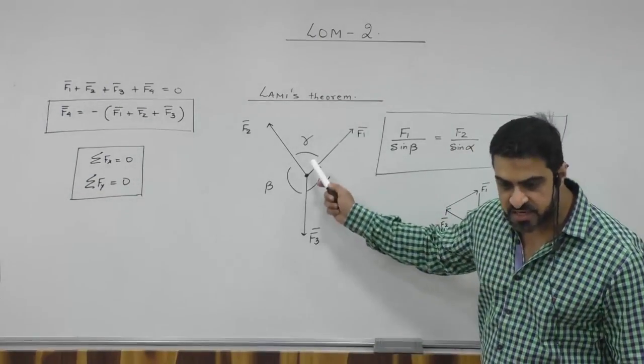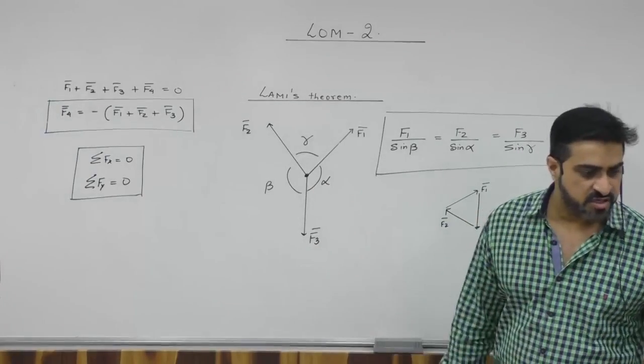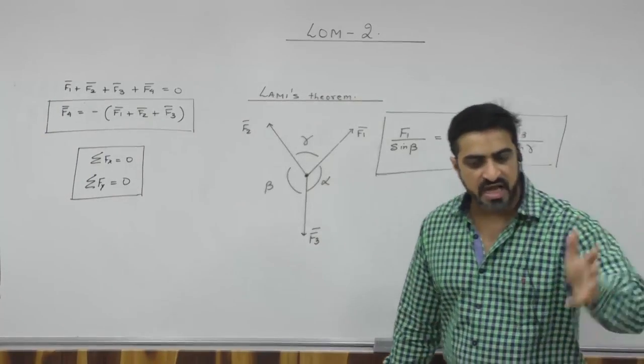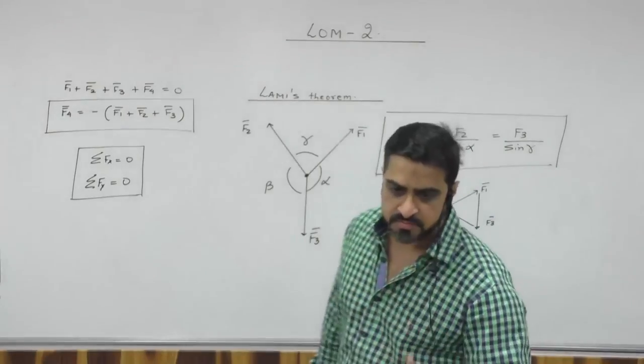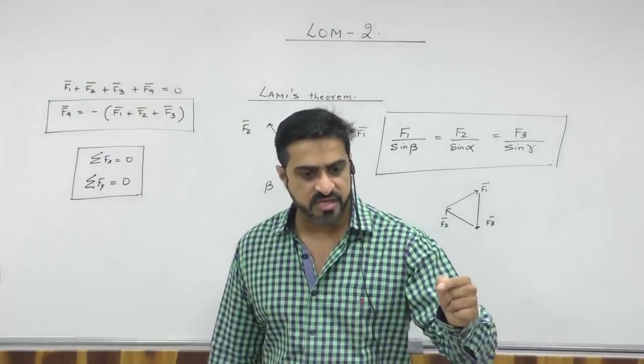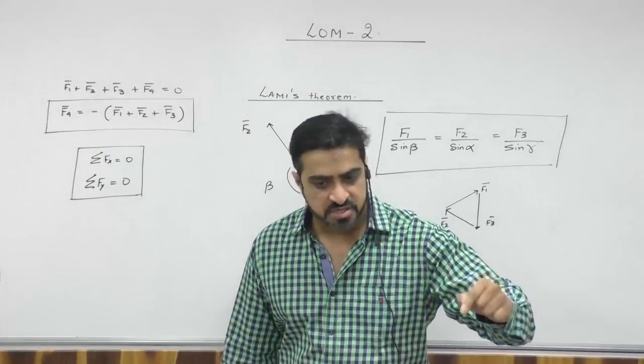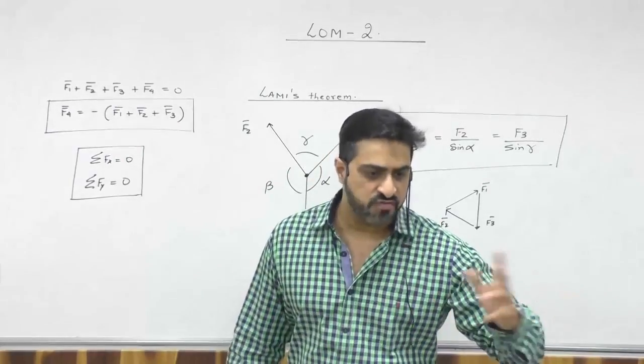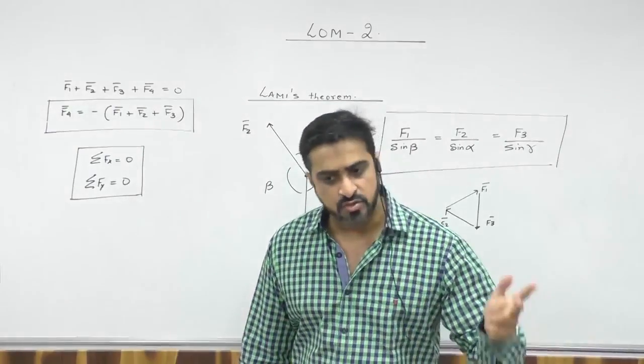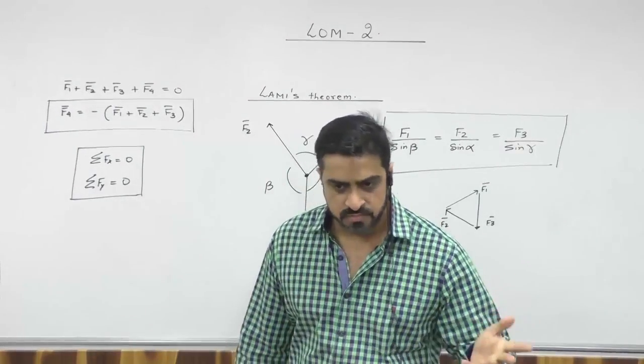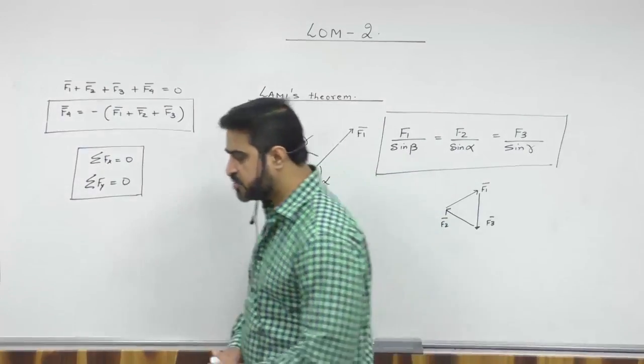If more than 3 are there, you can't use Lami's theorem. Then you have to go to method 2. I will generally avoid method 1 because you have to express everything in terms of i cap and j cap and then equate it to 0. That also we can do, no problem with that. But I'll use method 3 and method 2. Okay, write this, then we'll do examples.